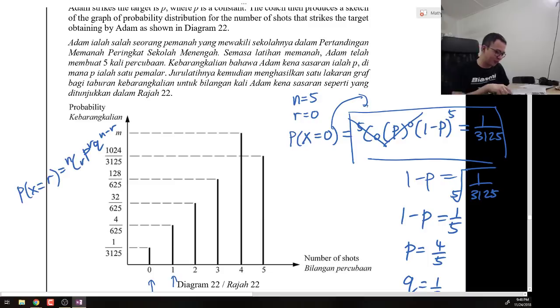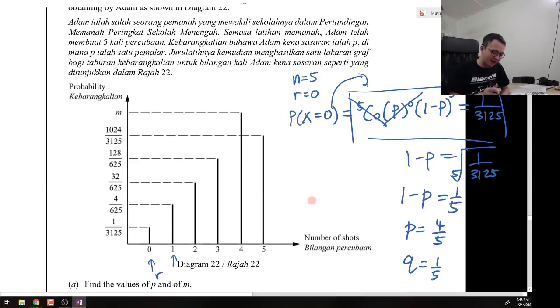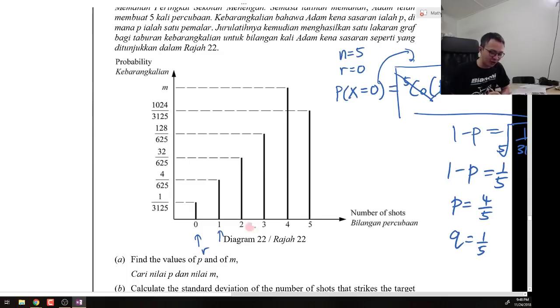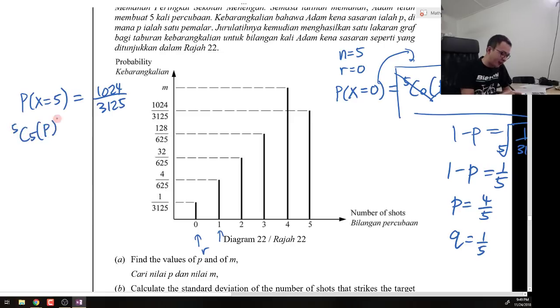You might think, what if you choose 5? Can you get the answer? Yes, you can still get the answer, but I will not choose 1, 2, 3, 4 because P and Q are unknown, so it will be quite hard. Let's say when x equals 5, you will get 1024 over 3125. If I apply the formula, it will be 5C5 P to the power of 5 Q to the power of 0.